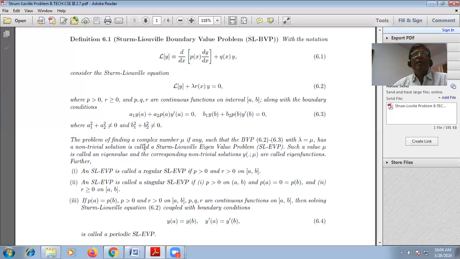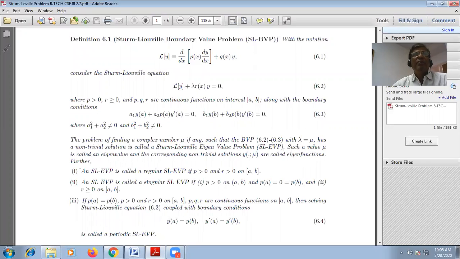It is called a Sturm-Liouville eigenvalue problem. If in the Sturm-Liouville equation you put lambda equal to mu, and it has a non-trivial solution, it is called a Sturm-Liouville eigenvalue problem.